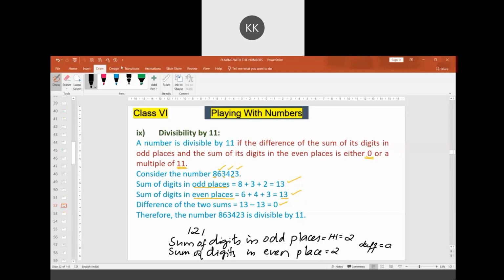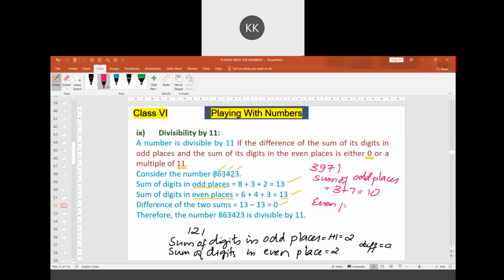There is one more example. Let us check whether that number is divisible by 11 or not. 3971. Look at the sum of odd places. It is 3 plus 7, which is 10.